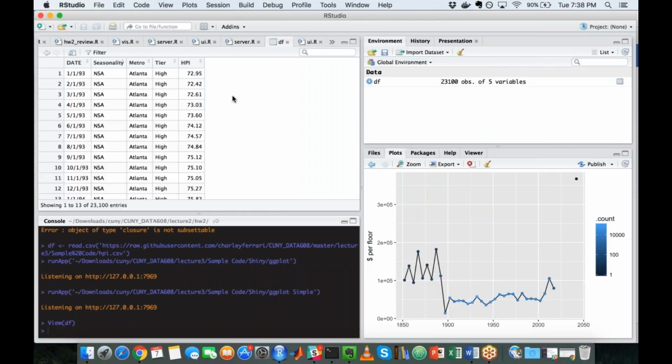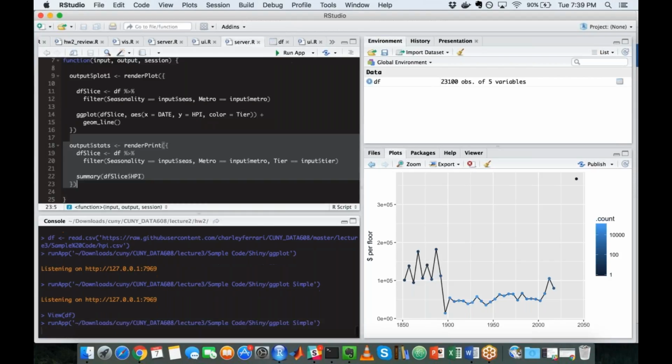Just to take a look at the data that we have here, it's this housing price index data over time, and we have these three categories of housing prices: whether it's seasonally adjusted or not seasonally adjusted, which metro it's in, and which housing tier we're looking at, whether it's high, middle, or low.